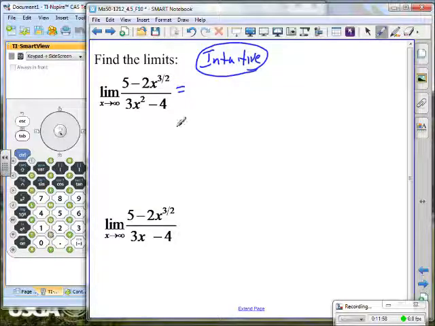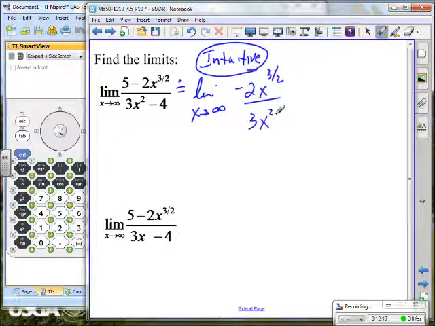The constant. What about the denominator? Same, yeah, the same thing. So we could say that this is kind of the same thing as the limit as x goes to infinity of negative 2x to the 3/2 divided by 3x squared.